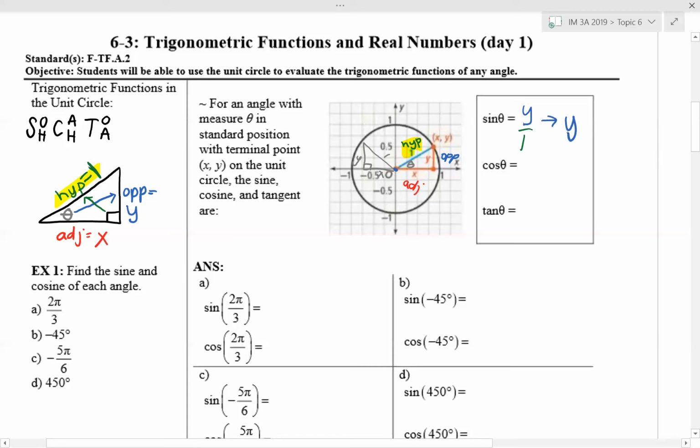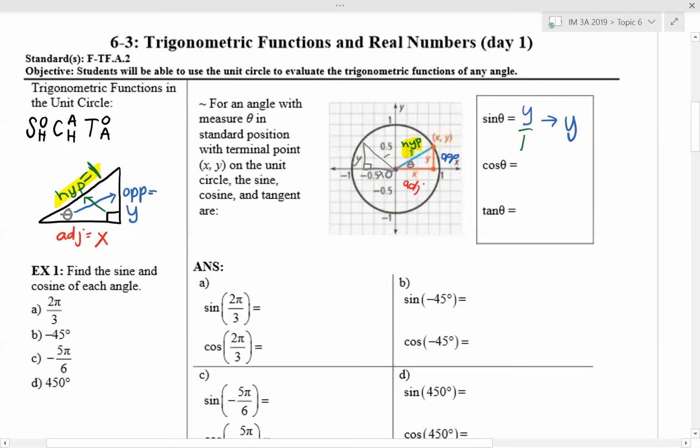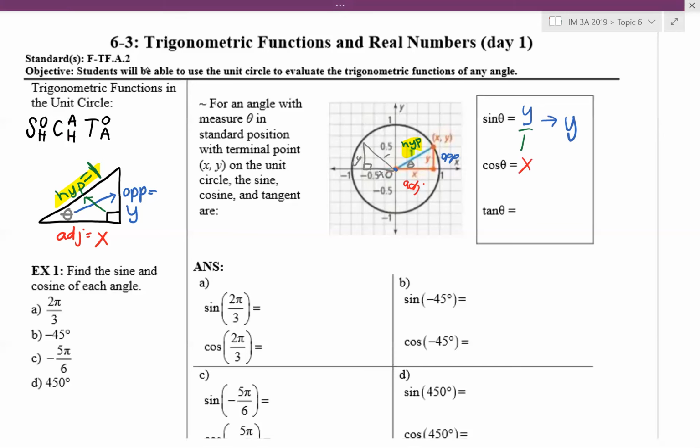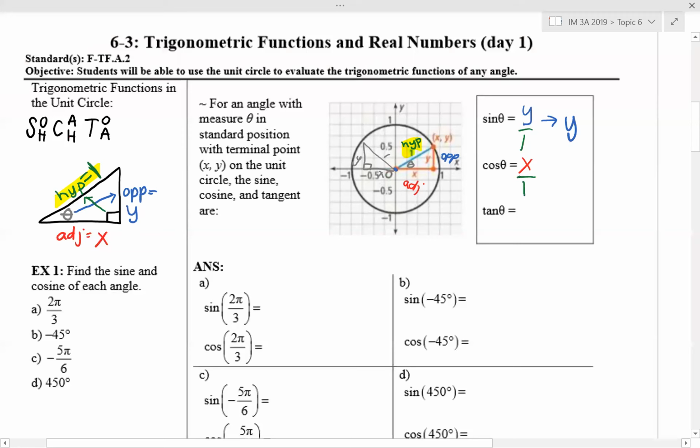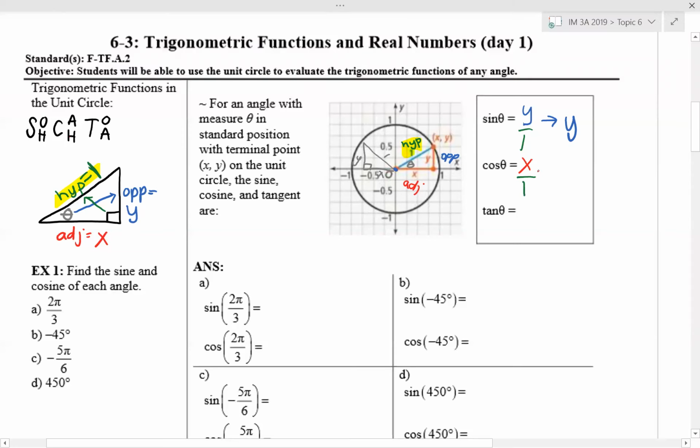So anytime we're using the unit circle and we're asked to find the sine of an angle that's on the unit circle, the answer is just the y value. Similarly, since cosine is adjacent over hypotenuse, that's x over 1. And again, since the hypotenuse is 1, anytime that we're asked to find cosine of the angle, we actually just need the x value as long as that angle is on the unit circle, because again, the hypotenuse is 1.